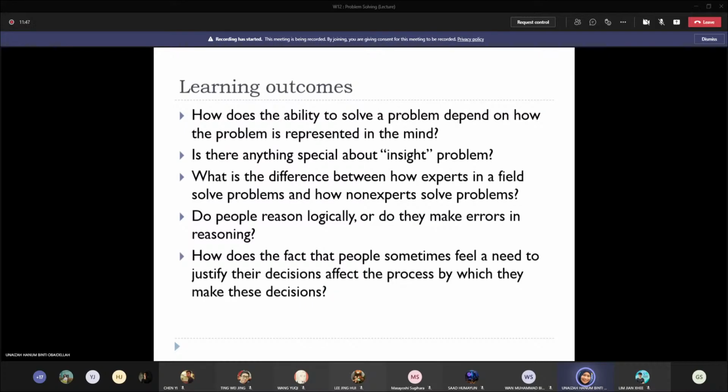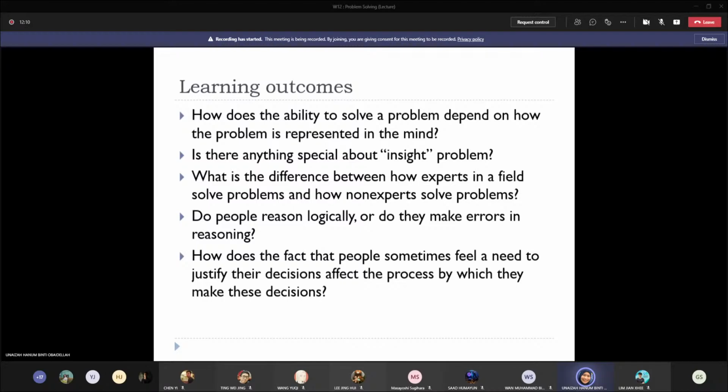So let's move on. Basically, we started off with trying to solve a problem, which is what we're going to be learning today. How well we can solve problems depends on how the problem is actually being presented in our minds. We'll see that there are several ways of solving problems. One of the keywords that helps us to solve a problem is called insight.